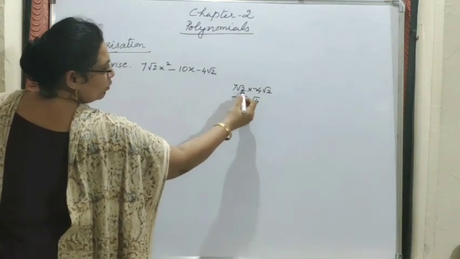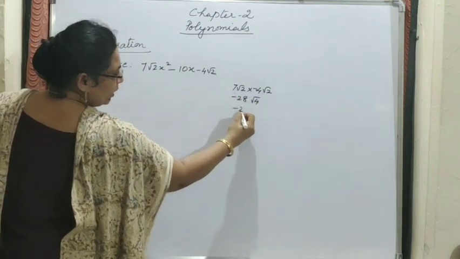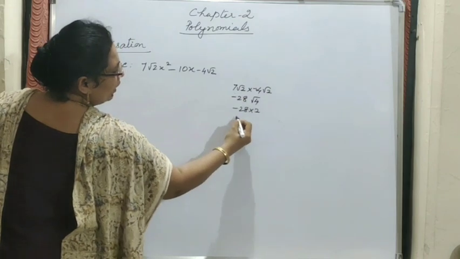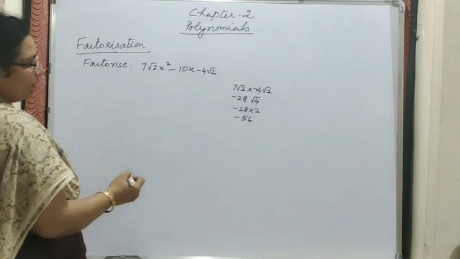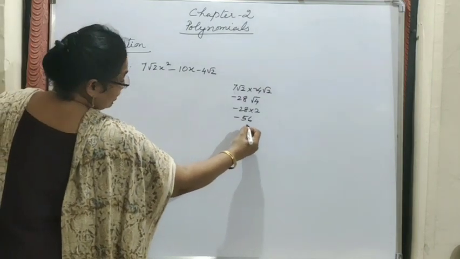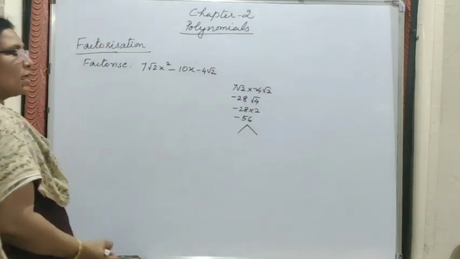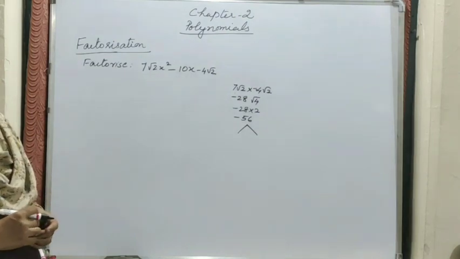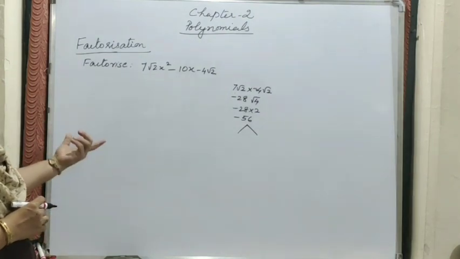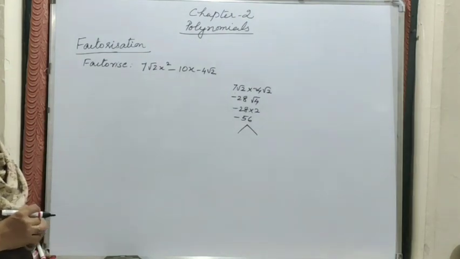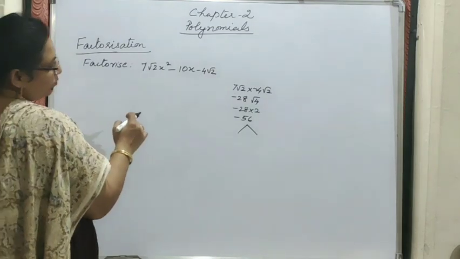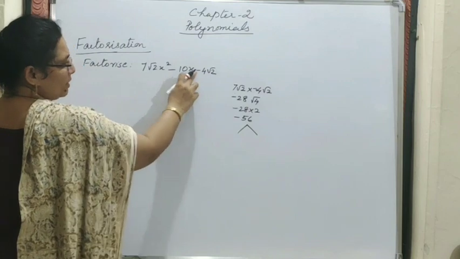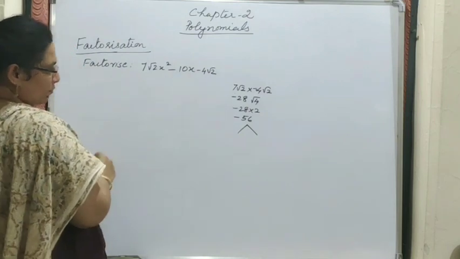Still I'll write it: root 2 into root 2, root 4, that means minus 28 into 2, it is equal to minus 56. Now we should identify the factors of minus 56 in such a way that the sum is equal to minus 10 and the product is equal to minus 56, right?